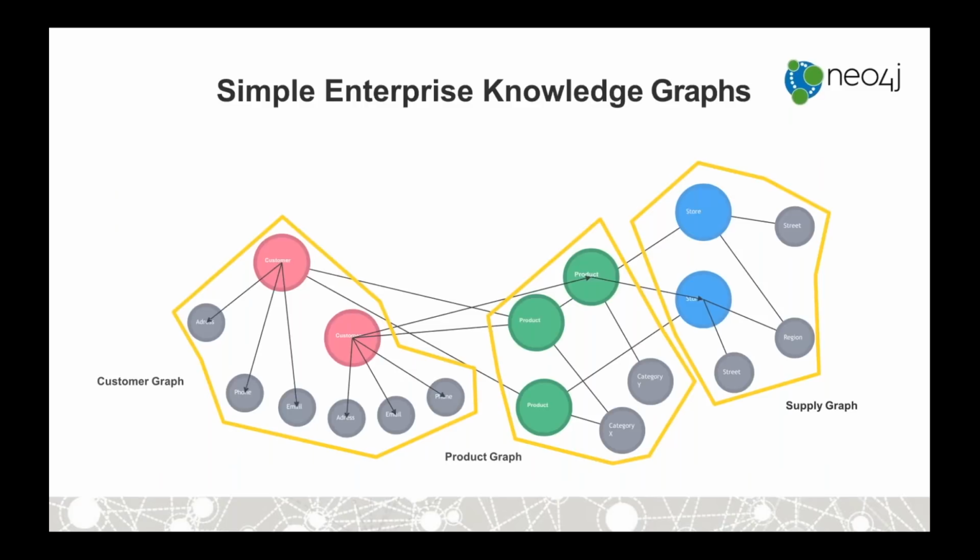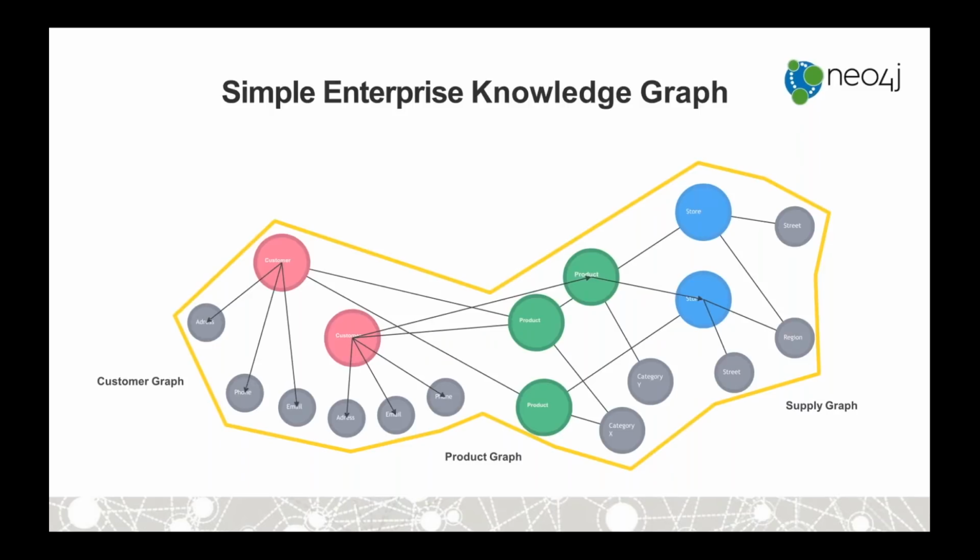So just to walk you through again from a slightly different point of view, here we've got three very distinct graphs. We've got a customer graph, a product graph, and a supply graph. And the idea, of course, is to join all of those up. And what we now have is no longer a customer graph and a product graph and a supply graph. What we have is the knowledge graph for that particular organization.